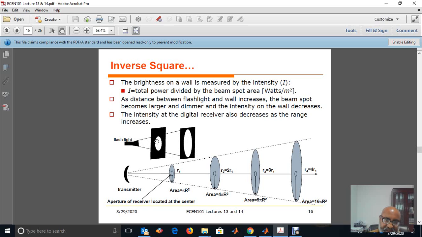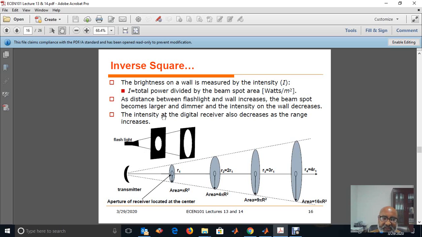If I have here a wall, the light spot here, the area of the light spot at this point is smaller than the area of the light spot at this point. So the area is bigger here. That means the intensity is smaller at this distance compared to at this distance. So as we go far away from the flashlight, the intensity decreases.